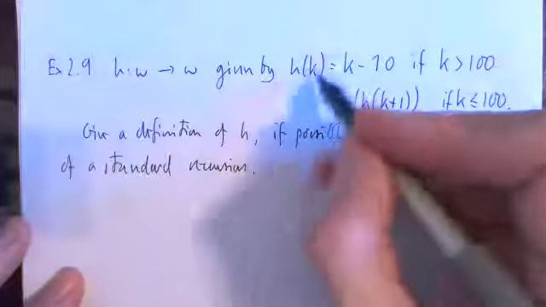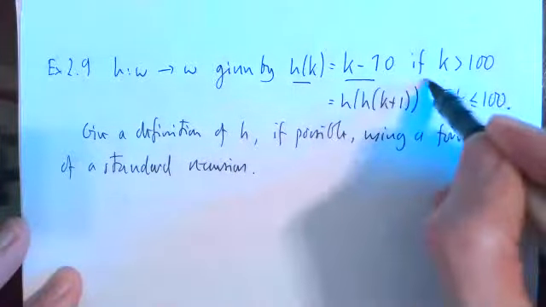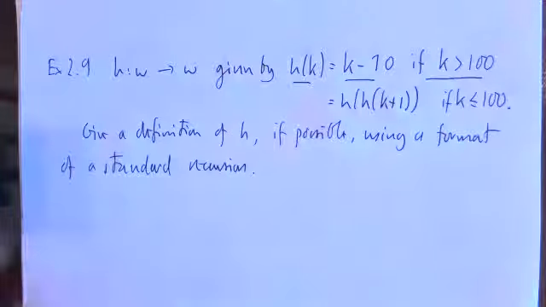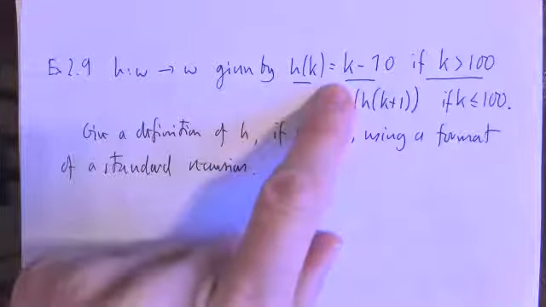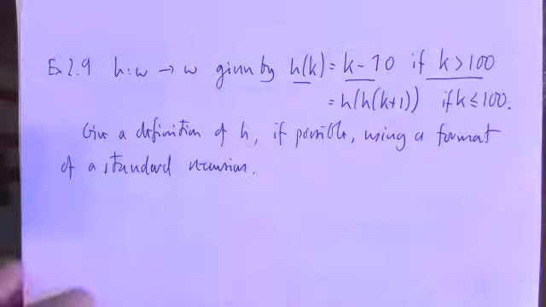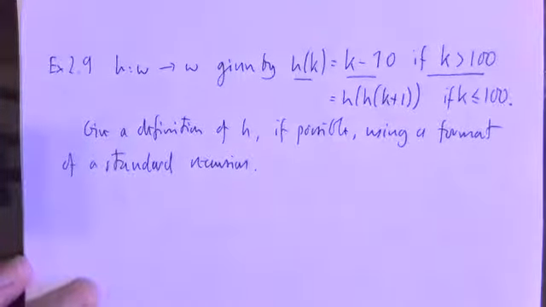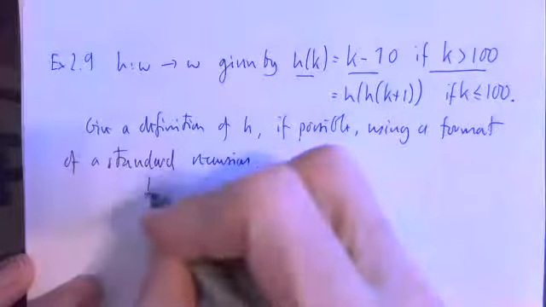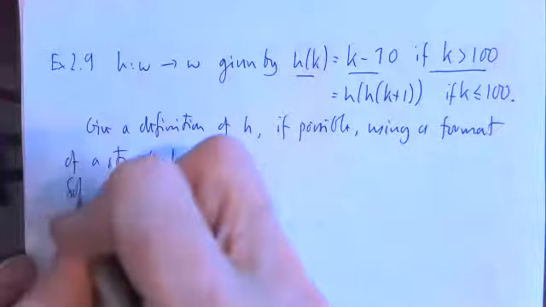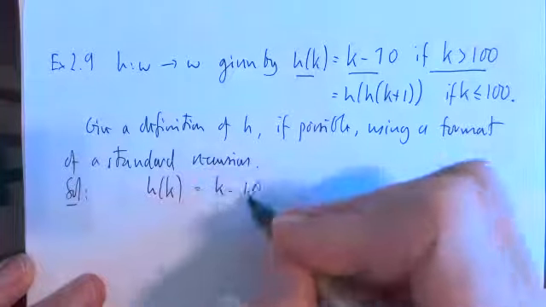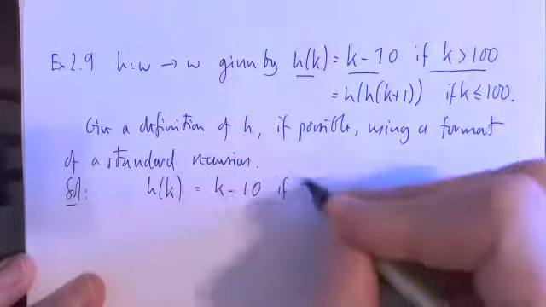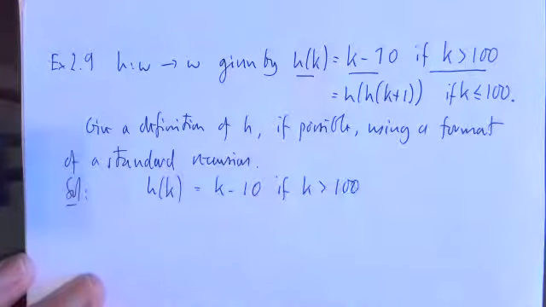Whatever h is, it's going to have to be like this. The solution would be h of k is just k minus 10 if k is bigger than 100.